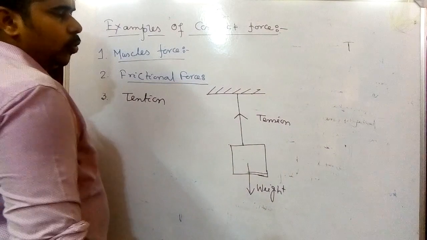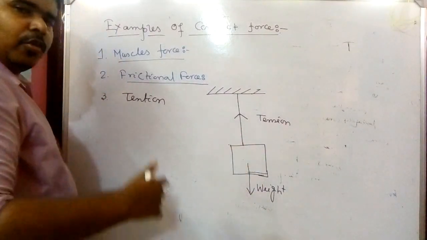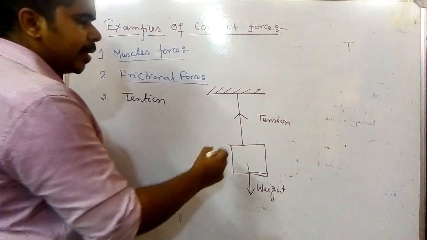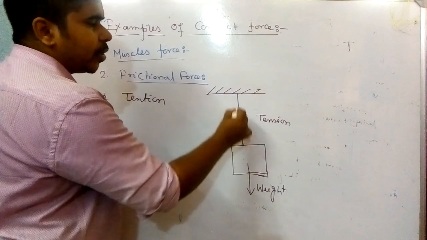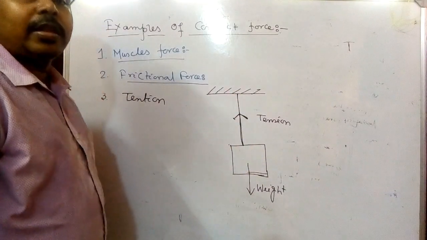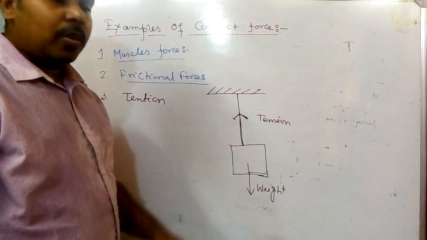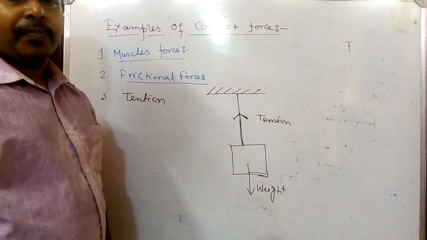So weight is acting downward. As a force is acting on a body, you will learn later, in that case there is a reaction which is acting on the thread or on the rope where it is hanged. That is known as tension. So if you pull it, due to this tension it is coming upward. Simple thing.